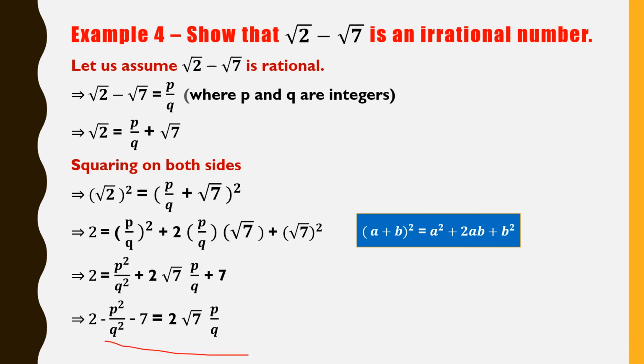First thing, root 2 minus root 7 you should take as rational, where p and q are integers. Send whatever is in minus symbol as a plus symbol. Now do squaring on both sides, because we should have only an irrational number on the left side of the equal to sign, and on the right side all the rational numbers should be there. It is in (a + b) whole square formula, so substitute in the (a + b) whole square formula.